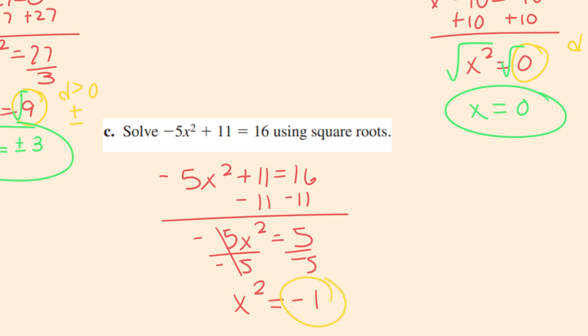I'm going to determine if d is less than or equal to 0. In this case, d, which is negative 1, is less than 0. Therefore, remember, the square cannot be negative. So the equation has no real solution.